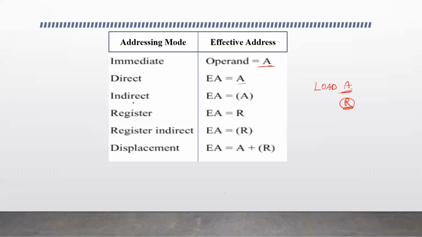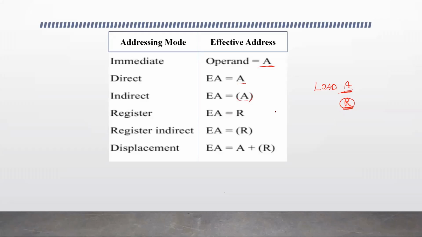In indirect addressing mode, the address in the address field is A. We need to find the value stored at that particular location. That is the effective address. So we enclosed A within brackets to denote that it is the value stored at A, not A itself. That is the effective address.